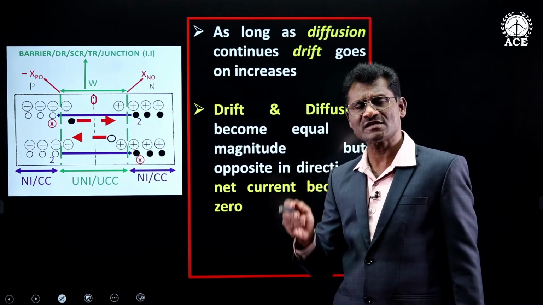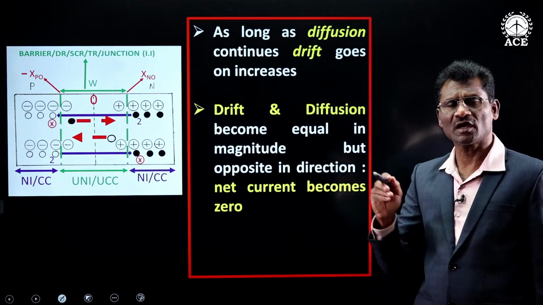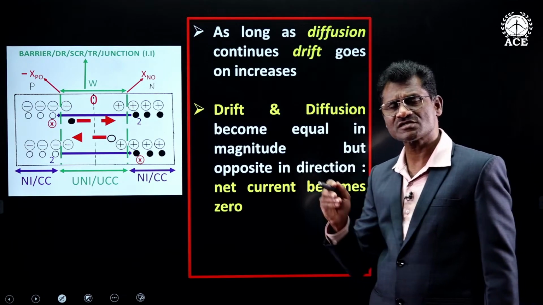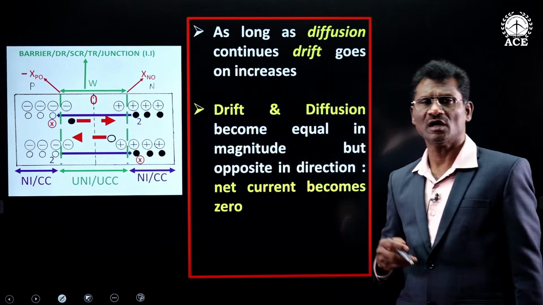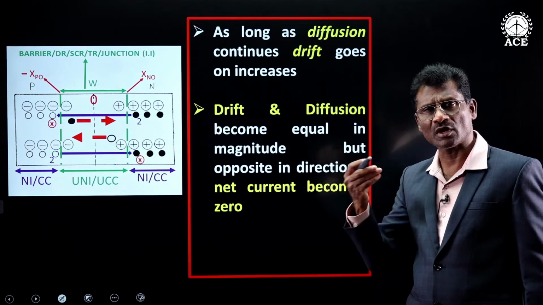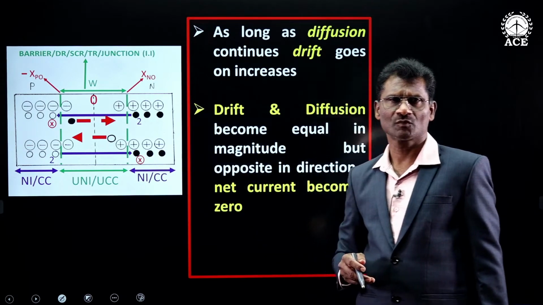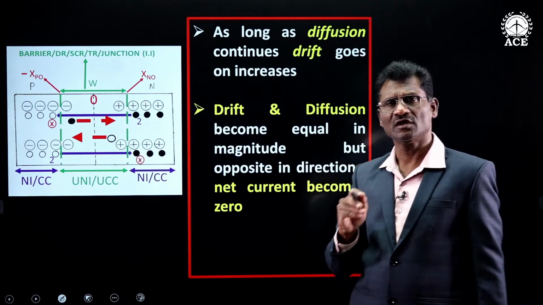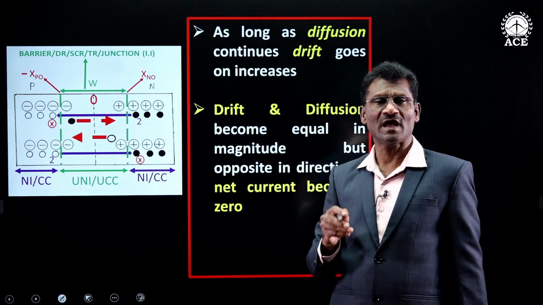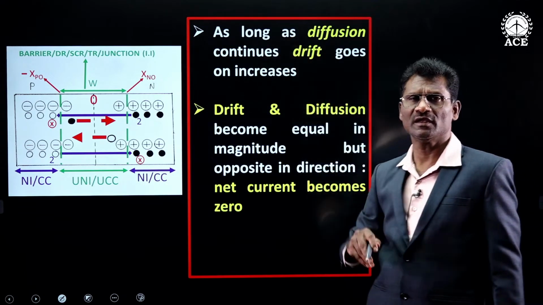So as long as drift is less than diffusion, diffusion continues. As long as diffusion continues, EHP recombination occurs, more and more ions get created and hence drift current increases.